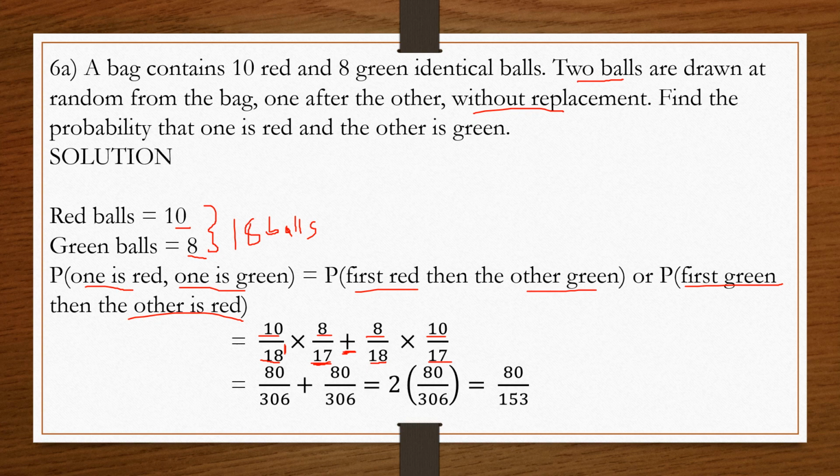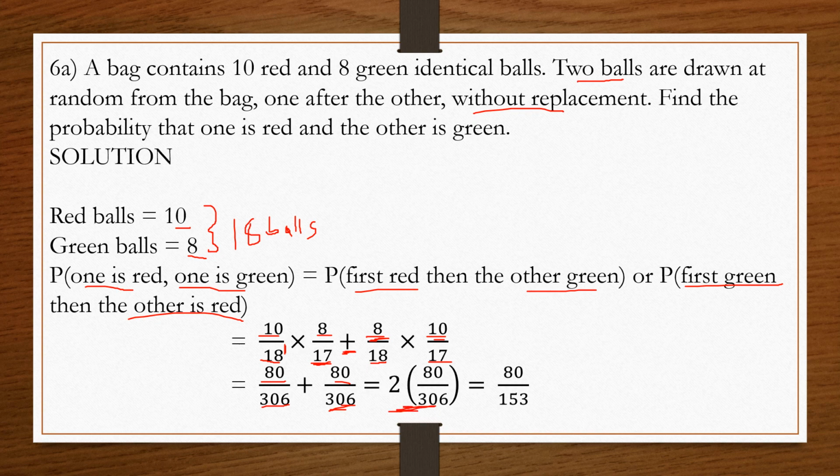If we multiply 10 by 8, we have 80. 18 by 17, we have 306. The same on the side, if we multiply 8 by 10, we also have 80, and then 18 by 17, we have 306. So we are having 160 over 306, and that is what we have here.